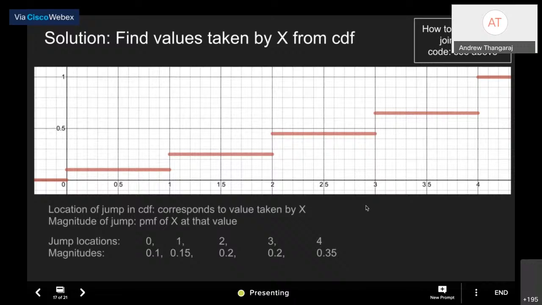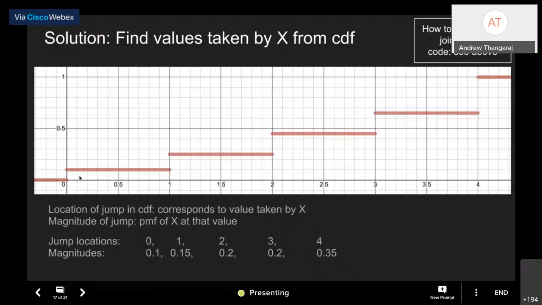So this is how you can find values taken by a random variable from the CDF and also the probability with which it takes its value. Notice this is a plot of the CDF.